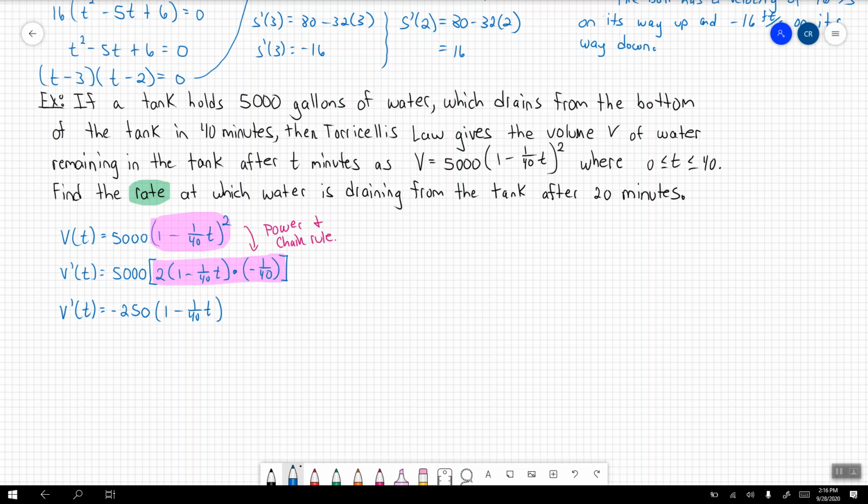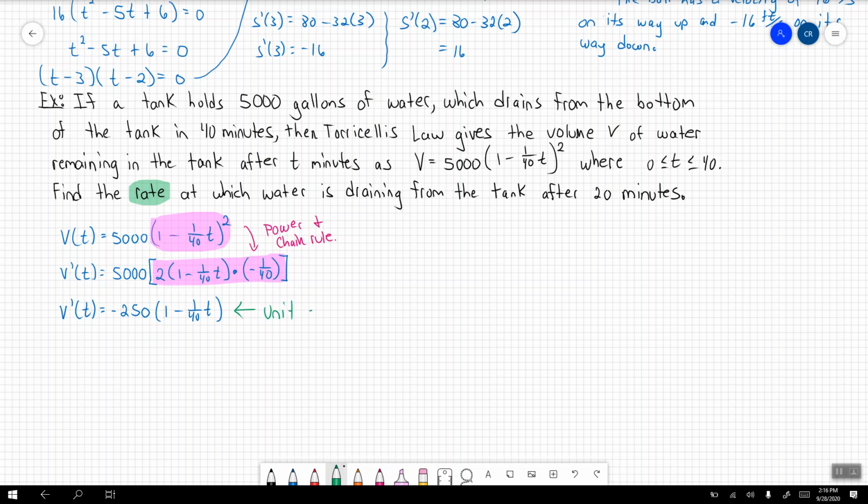And we now want to find what is the rate at which the water is draining from the tank after 20 minutes. We have to use this derivative, that way we can start analyzing that rate. Because if the original volume was gallons, when we took the derivative with respect to time, now we have gallons per minute.